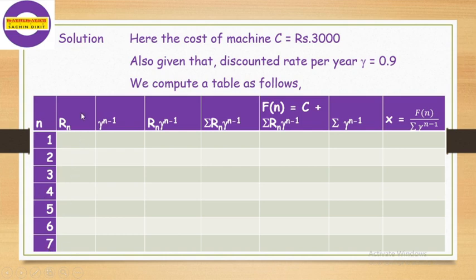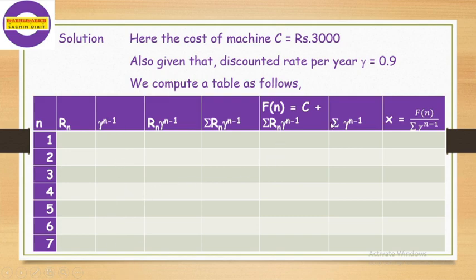Rn are the maintenance costs or running costs. Then gamma raised to n minus 1: we have a discount rate or present worth factor, that is gamma, and the value of gamma raised to n minus 1 we write here. As n changes, the value of gamma raised to n minus 1 also changes.